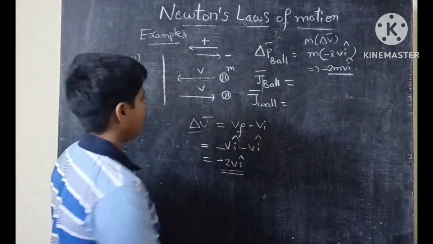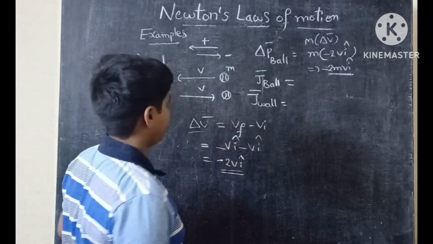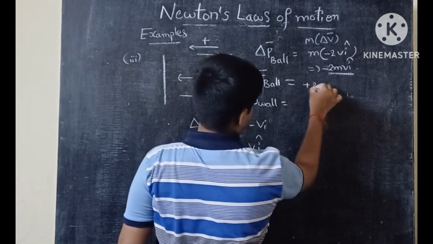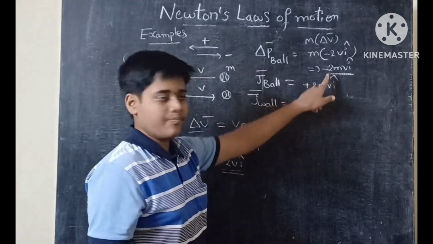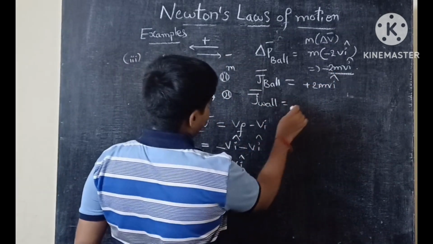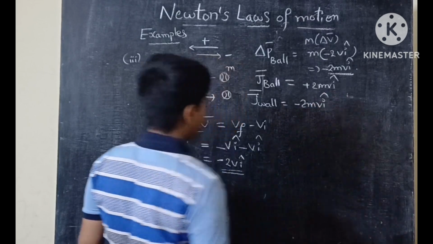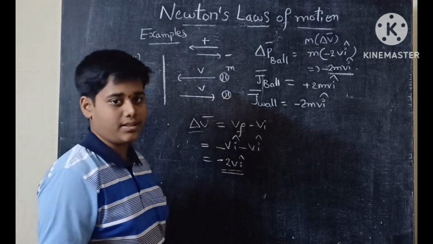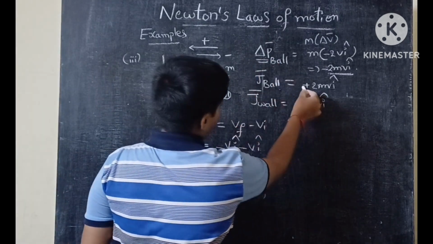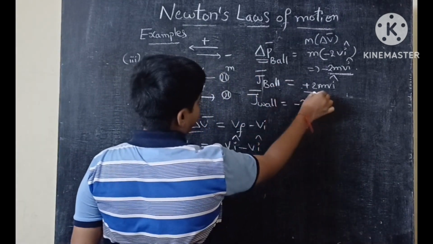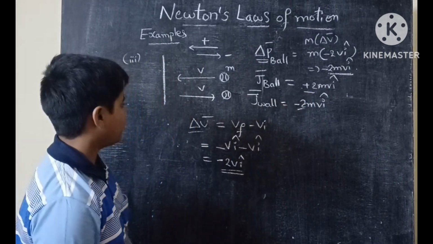The impulse of the ball is plus 2mV I cap, which is the positive of this. The impulse of the other ball is the negative, minus 2mV I cap. Like this we can do it easily. So this is the third example.